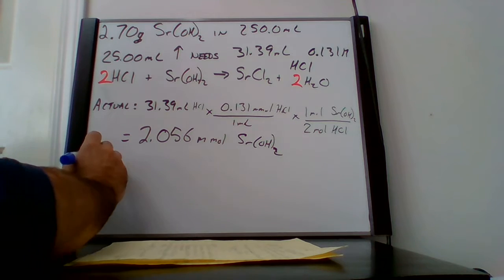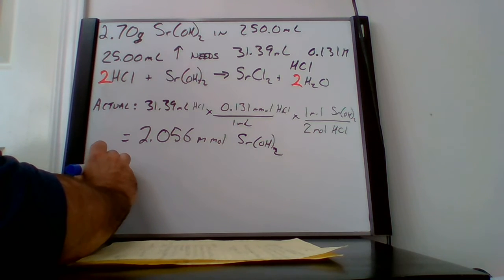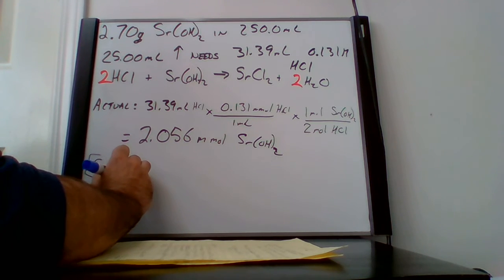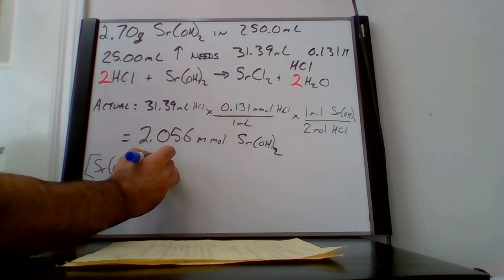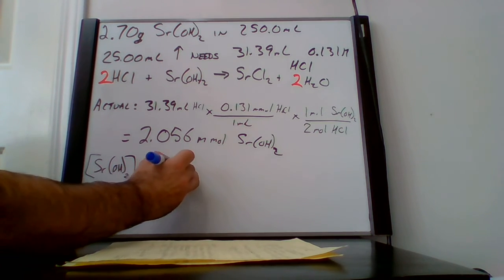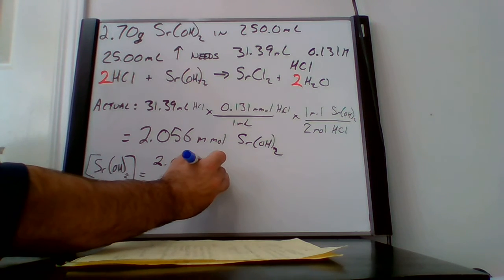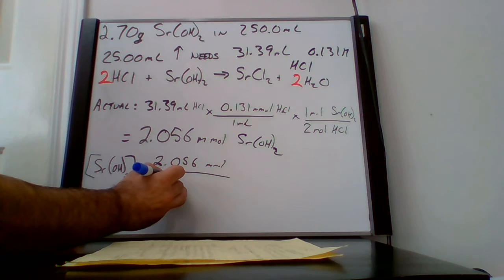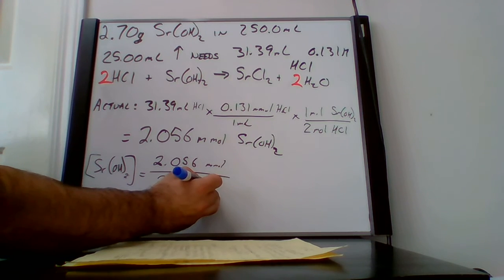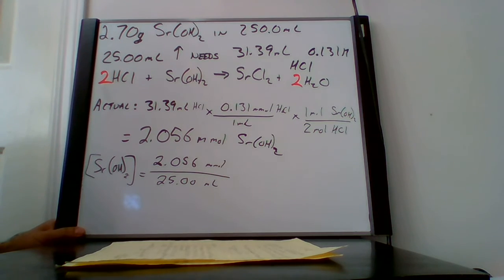Okay, so if I'm looking at the concentration of this Sr(OH)2, I'm going to take my 2.056 millimoles, and that was in 25.0 milliliters.